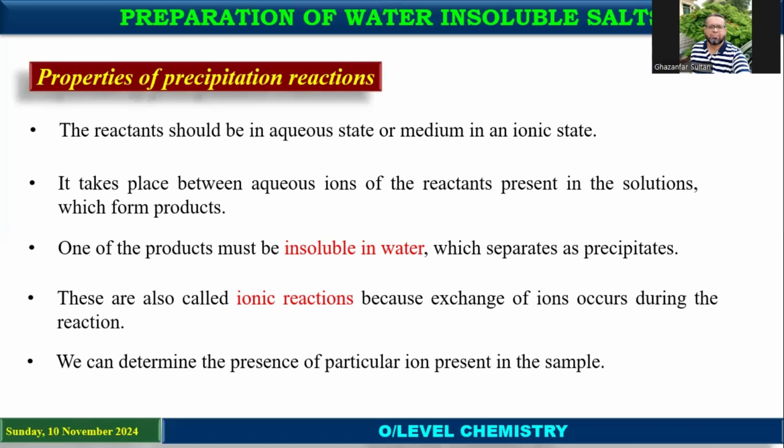If you want to see whether sulfate ions are present in a solution, you can check it by using any water soluble compound of barium, for example, barium nitrate. You can see my other videos for detection of ions in this regard.